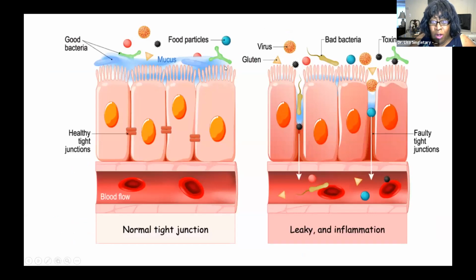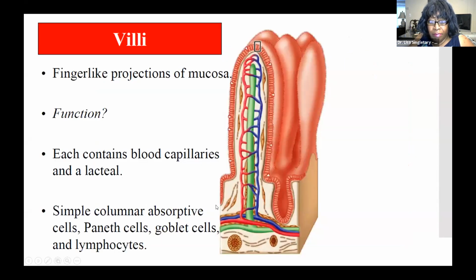So this is that one little square on the lining of the villus, and these are the microvilli. Okay, let me go back. Here's the finger-like projections, the villi. We see 5 of them in this picture. One of them we've cut in half. And now we're looking at the lining of the villus, and that's the microvilli.